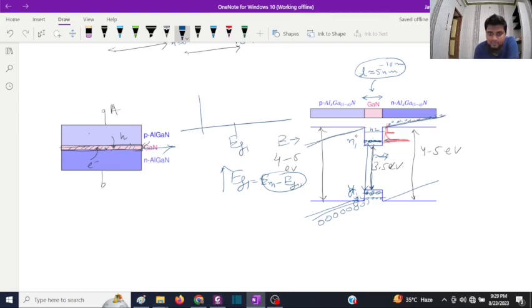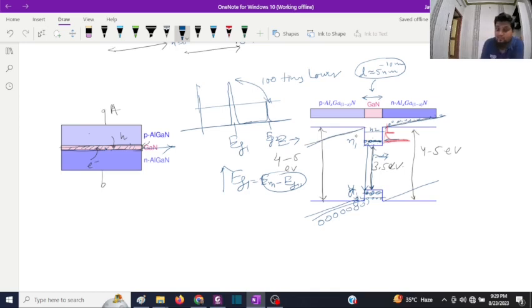If you plot it in terms of energy, it will be quite high as compared to Eg2. Generally it is more than 100 times lower. That's why in laser diodes we need these quantum wells.